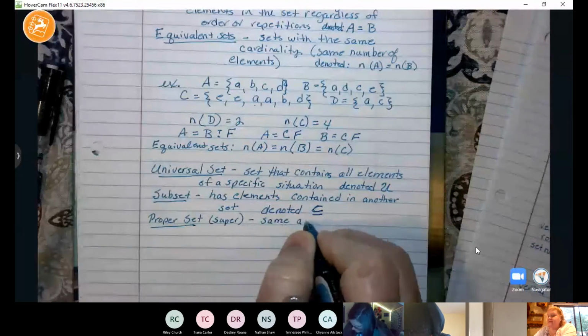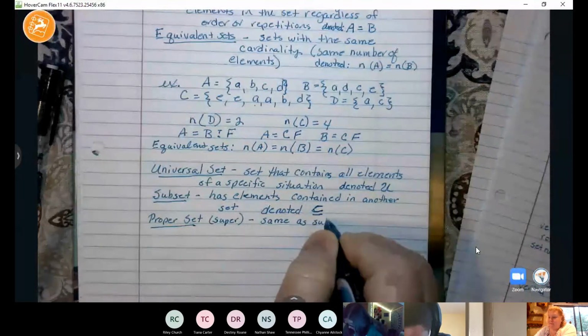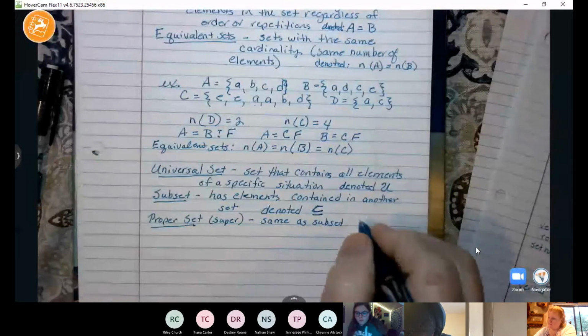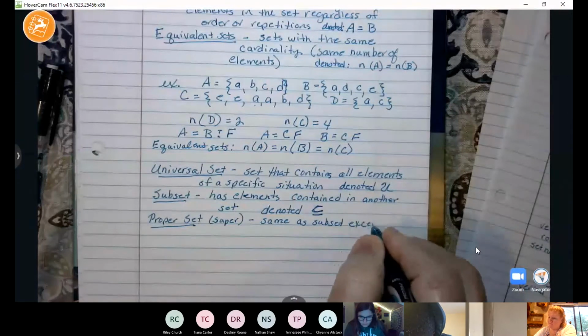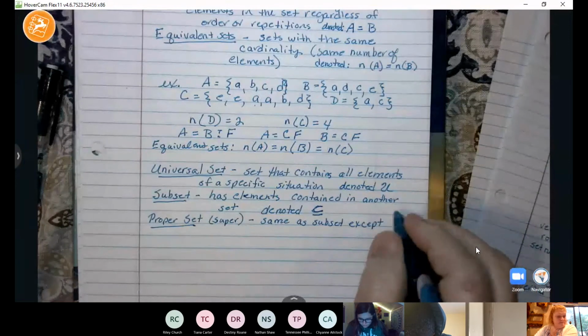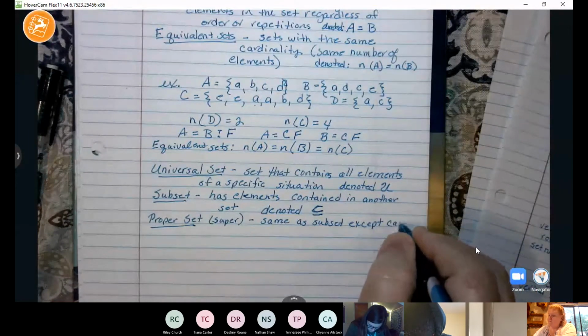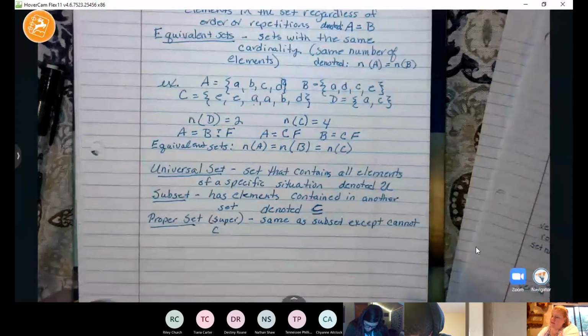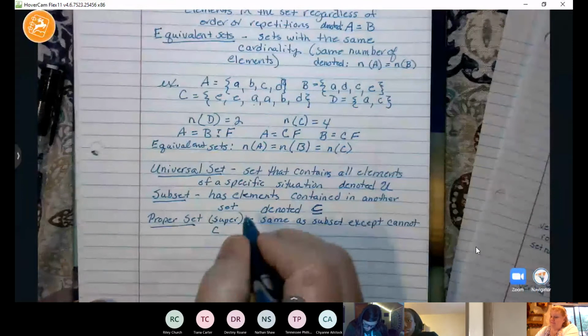It's the same as a subset, except it cannot contain all the elements of the set.